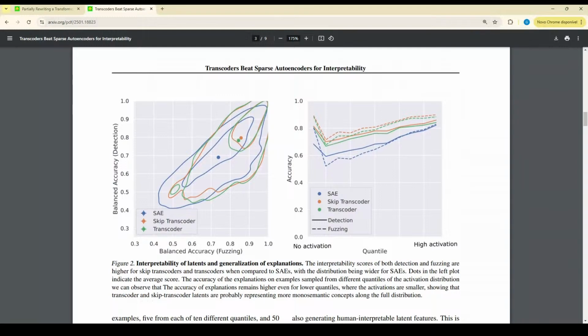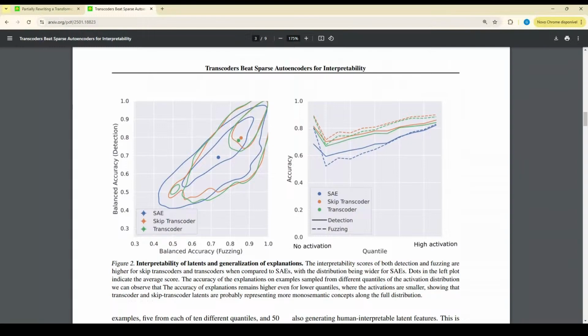Detection is a very simple task. You basically have the explanation, have a set of sentences, and you ask a language model, okay, given this explanation, in which of these sentences should the latent be active? This is very similar to the previous paper. And this is also a very easy test.